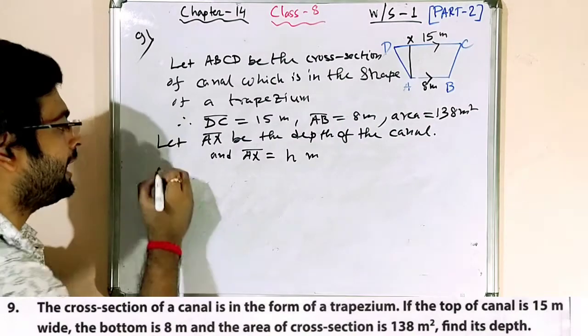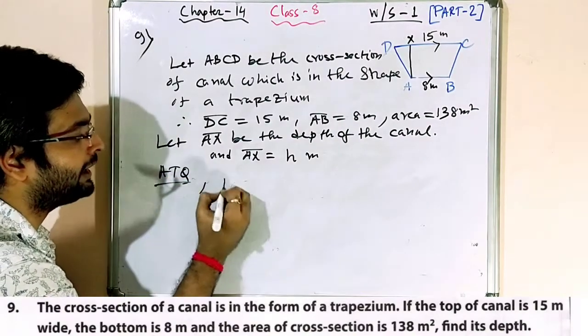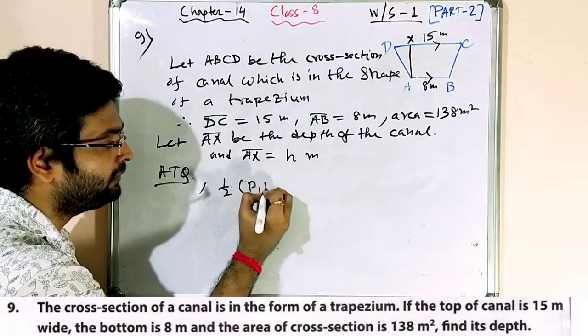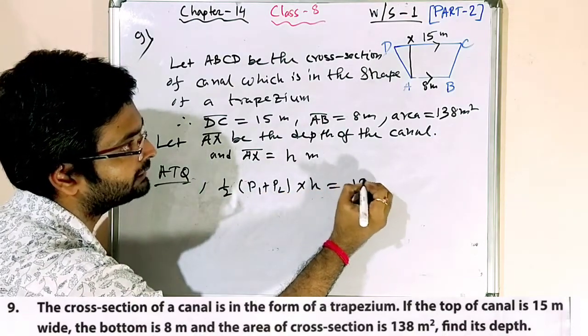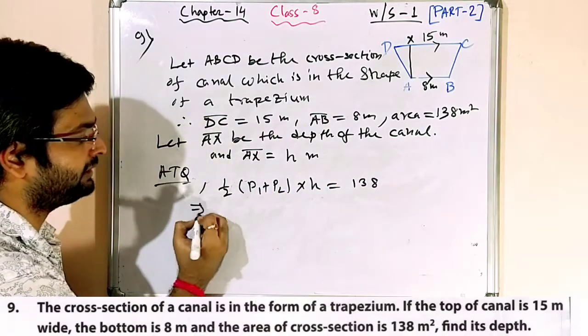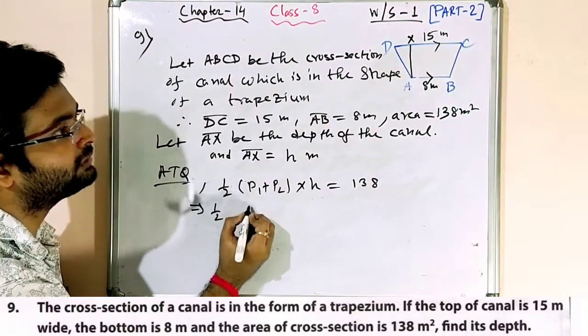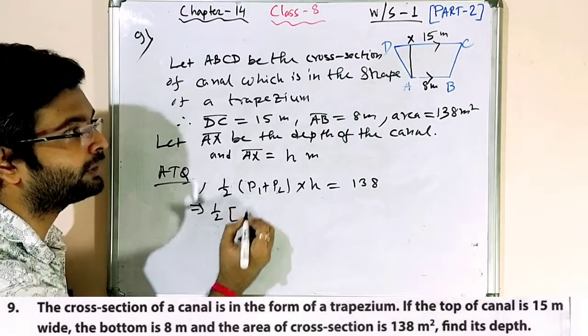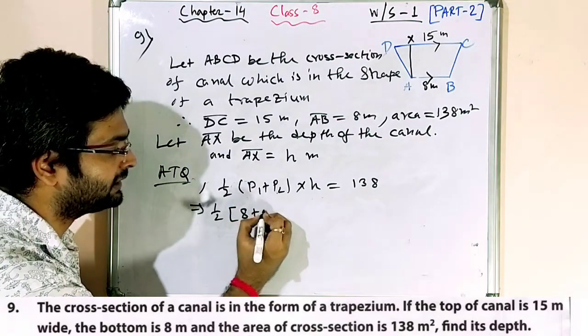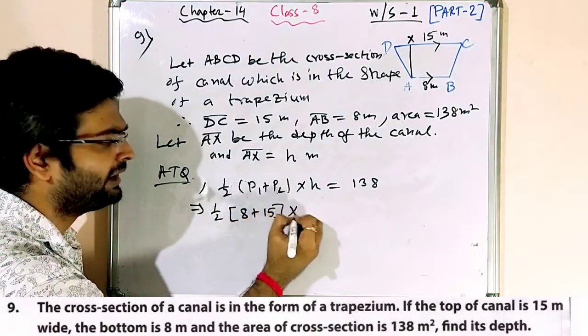Okay, now according to the question, what I can write: half into (P1 plus P2) into H equals 138. Now tell me guys, half. Now P1 value is what? 15. I am going to take the bigger one as 15, smaller one as 8. So 8 plus 15, you can take anything.